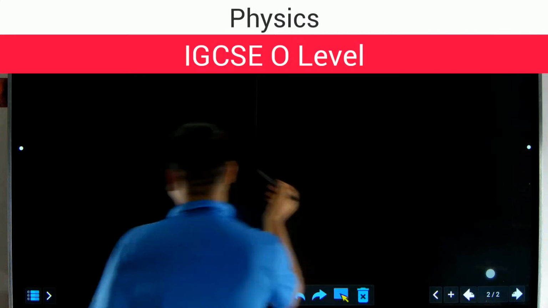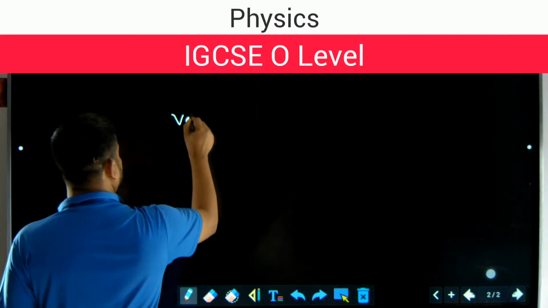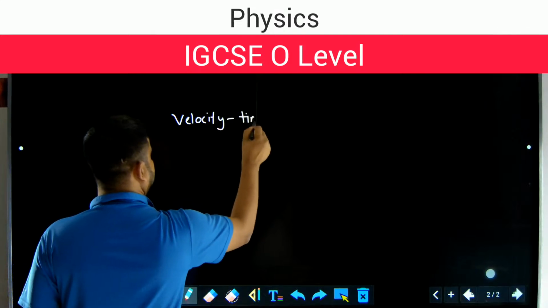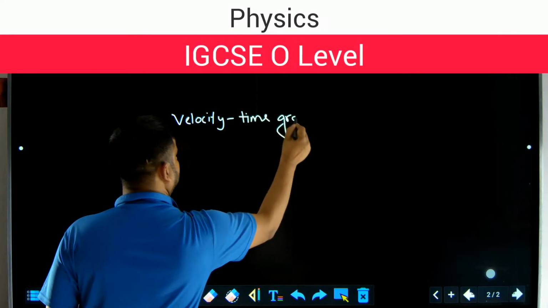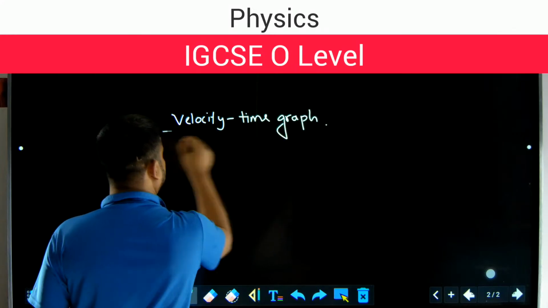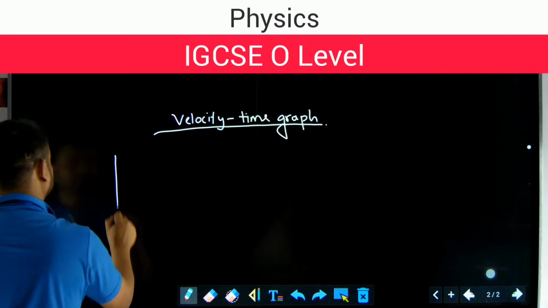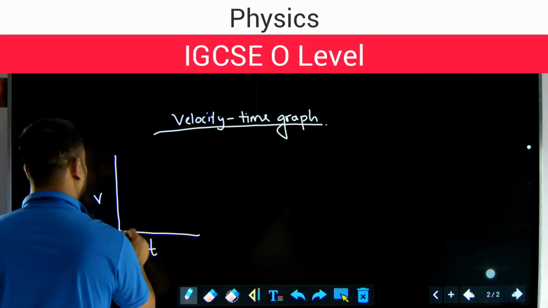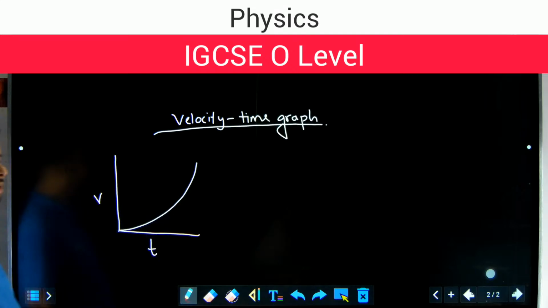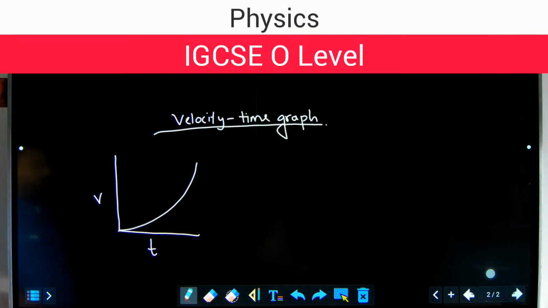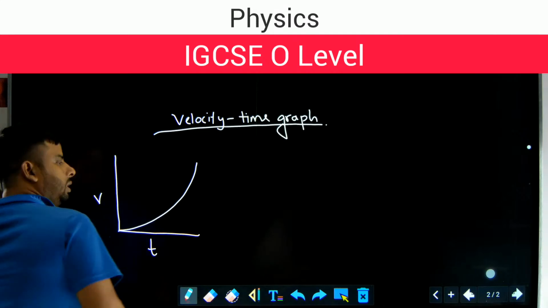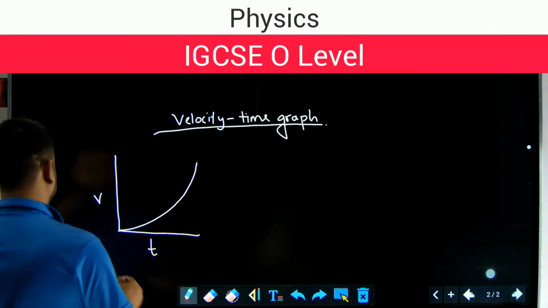So if the velocity time graph is a curved one, then it shows increasing acceleration.